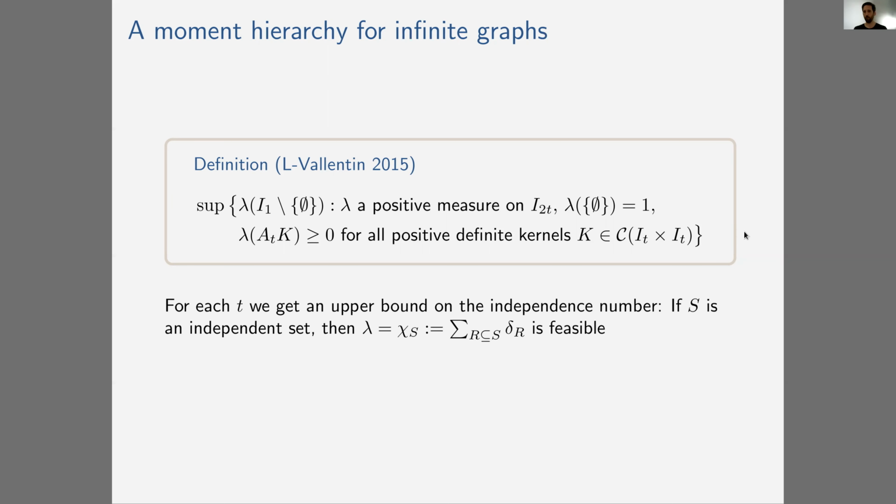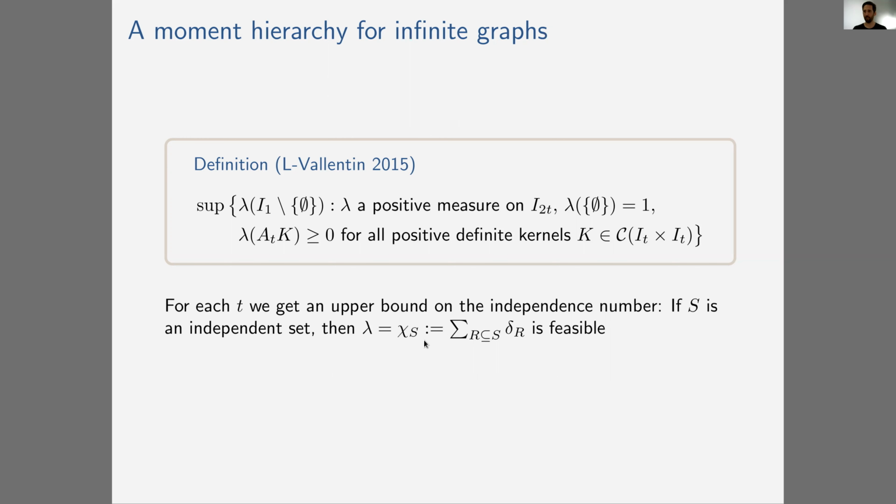For each t we already know that we get an upper bound, because it's really an adaptation of this hierarchy we already saw for finite graphs, but let's check that it's really true. So for each t we get an upper bound on the independence number. If S is independent, then lambda is, actually, I should add one extra thing. It's almost true what is said here.